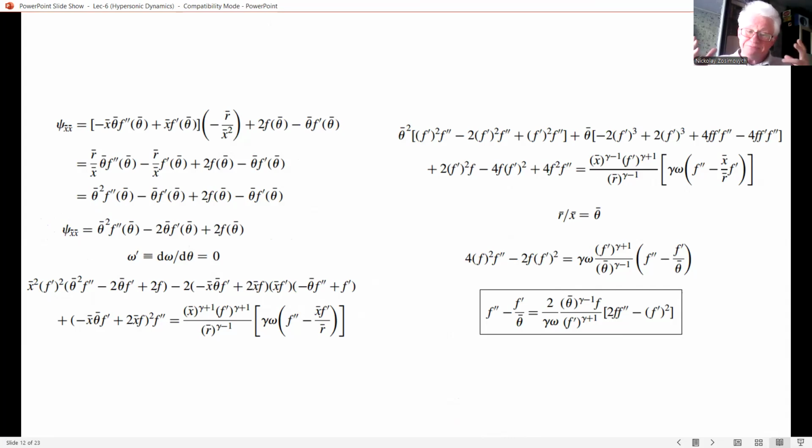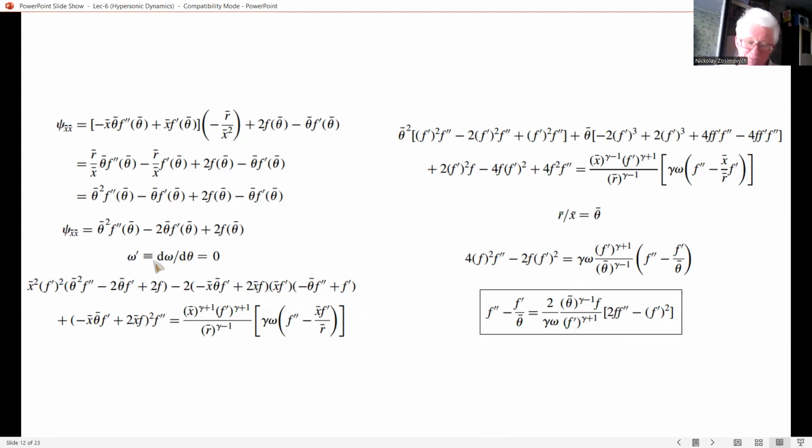And in all our substitutions, noting that omega stretch, analogous to d omega over d theta, must be equal to 0 because the entropy, namely omega, is constant between the shock wave and the body. In this case, we may write this final expression on the left bottom corner of this slide.